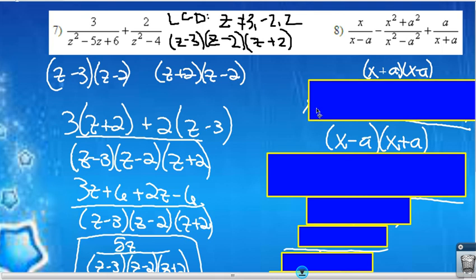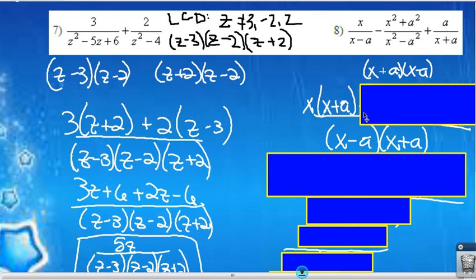Now start to look for what you're missing. The first fraction that includes an x is missing x plus a. So that's what we are going to multiply by. The second fraction isn't missing anything. But do you notice here how this fraction is getting subtracted from the rest?